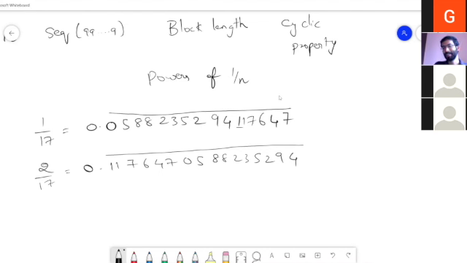I had told that it depends on the number: when you divide and you get the remainders, the cyclic sequence starts where 60 comes, like that. So now, won't the same thing apply here also? It should, I think. Okay.